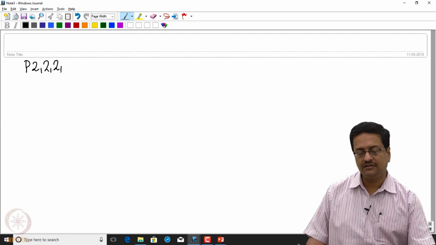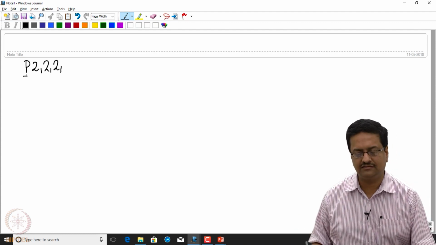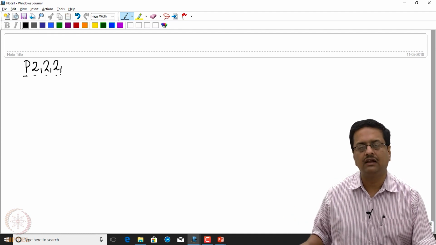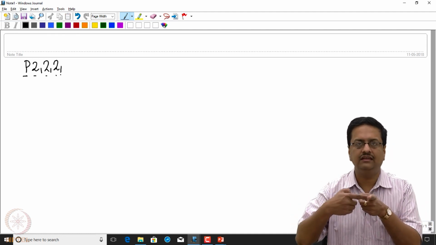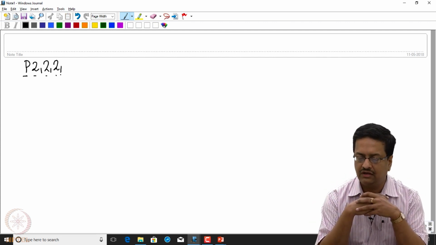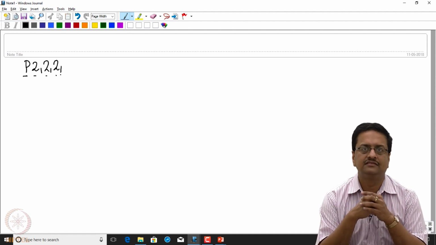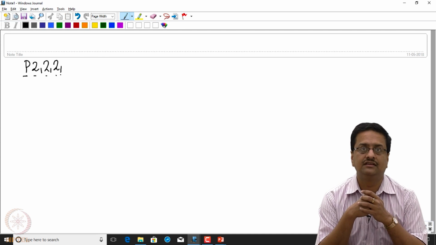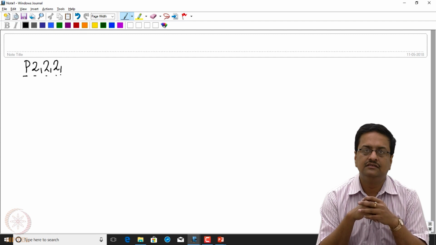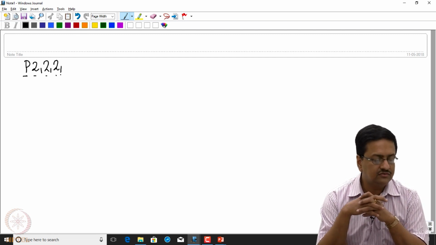It means that this space group represents a primitive orthorhombic lattice and there are three 2-1 screw axes along X, Y and Z. These three 2-1 screw axes do not intersect with each other. That means the origin is not coinciding with these 2-1 screws.